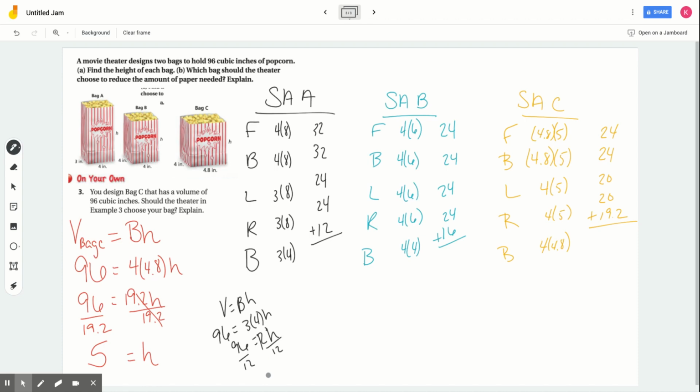So h was 8. And for bag B, we had 96 is equal to 4 times 4 times h, which is 16h. And when we solve here, we ended up finding out that h was 6. So you needed those before you could work this surface area.